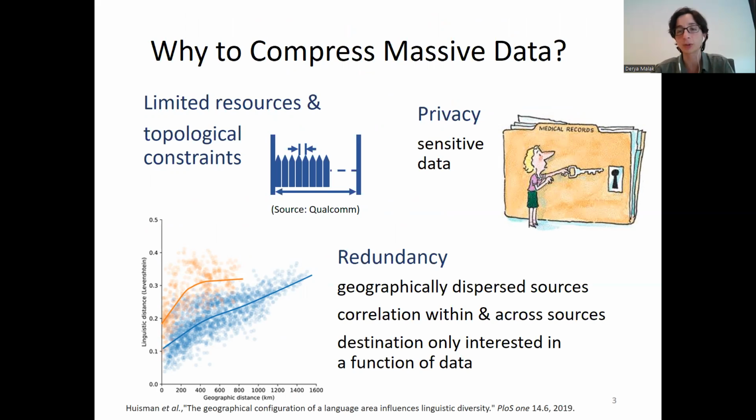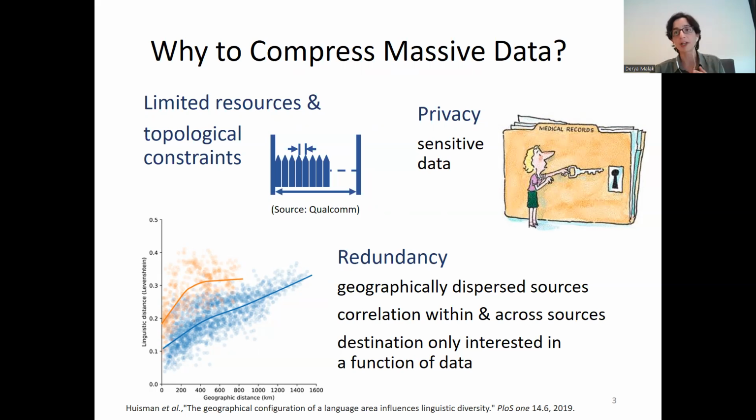This could be in terms of the transmit power of the users, or because of link budgets, bandwidth, etc. We do not want to waste resources by sending the set of all information sources. Or we might have privacy constraints. For example, we want to achieve a task, but we only want to send as much as needed to perform the task without revealing the identity of users or more sensitive information.